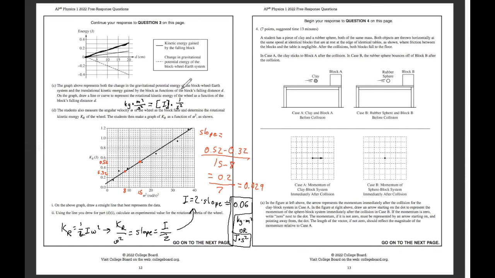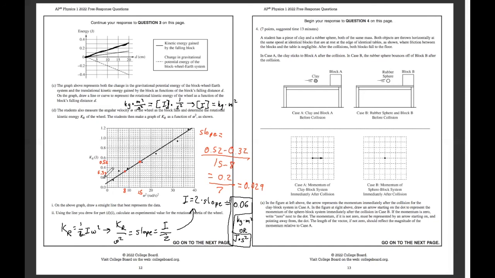Remember that radians don't actually get included when you're using SI units like this. And so therefore, what I'm going to find is that the units of inertia are kilograms times meters squared. Or again, as the graph shows, joules times seconds squared. Either would be acceptable for this problem.